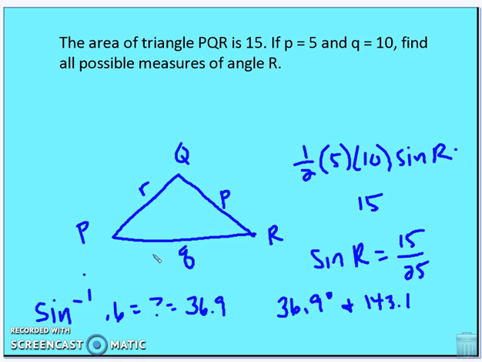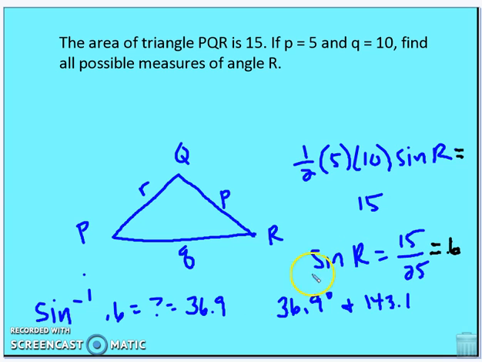Now we figure that the area of the triangle is 1/2 times 5 times 10 times sine of R, and that is equal to 15. 1/2 times 5 times 10 is 1/2 of 50, or 25. So 25 sine R is equal to 15, or sine R is equal to 15 over 25, or sine of R is equal to 0.6.